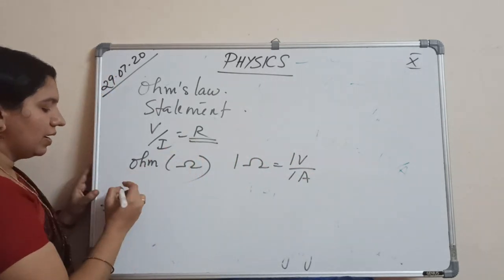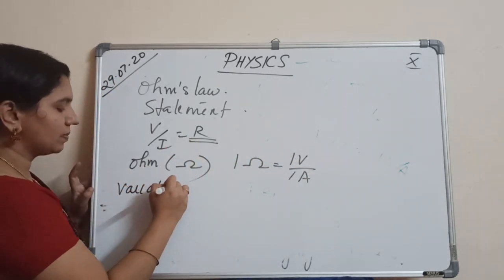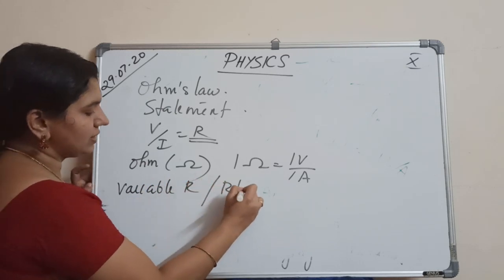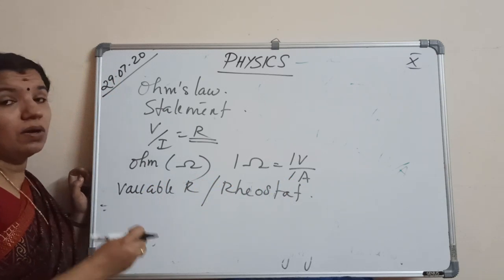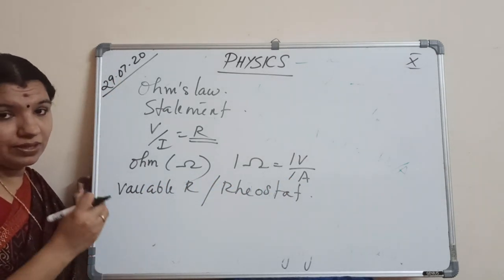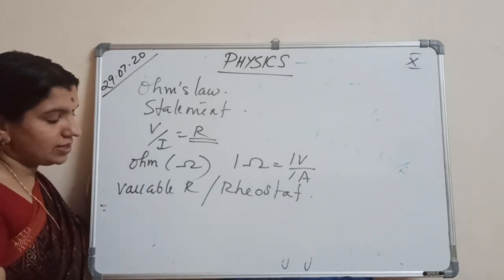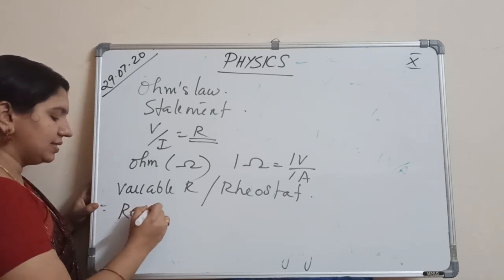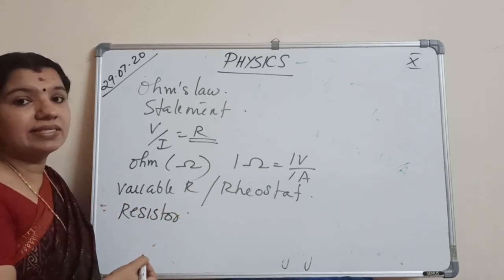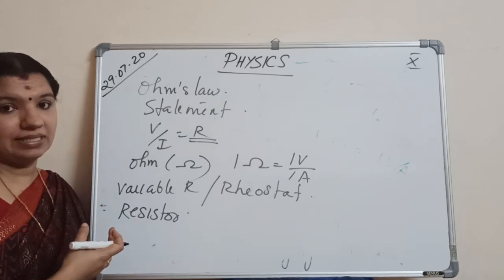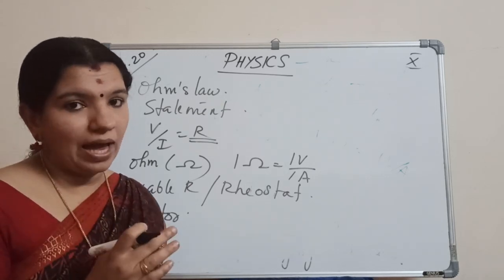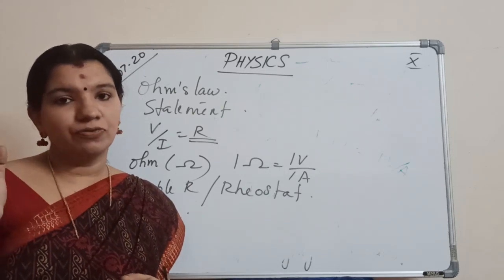A variable resistance or rheostat is used in a circuit to regulate the flow of electric current without changing the voltage source. A resistor has a fixed value of resistance and is also used in electrical appliances.